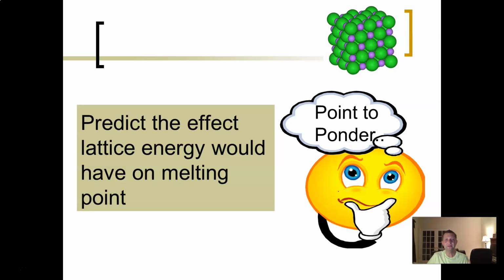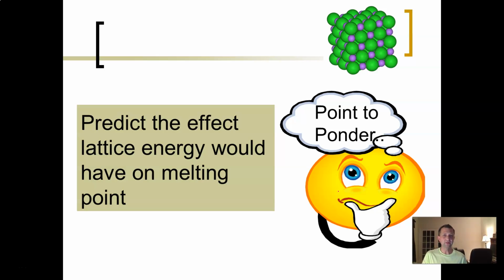So the higher your lattice energy is, the higher your melting point is going to be, because it's going to take more and more energy to break that attraction between parts of that compound and turn them into the liquid state, where there's less attraction compared to the solid state, right?